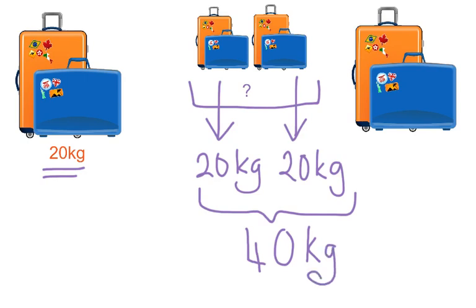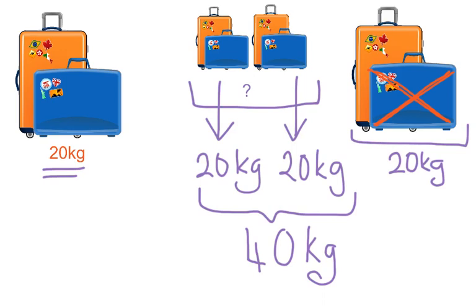Now, over here I've got the two suitcases. Now I know that together they weigh 20 kilograms. But I decided I don't need to take the blue one. I'm going to leave that one at home. So I've halved the amount that I'm taking.